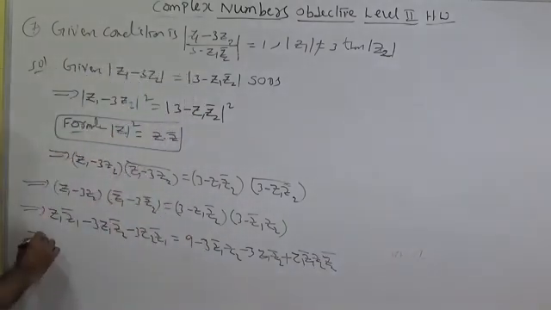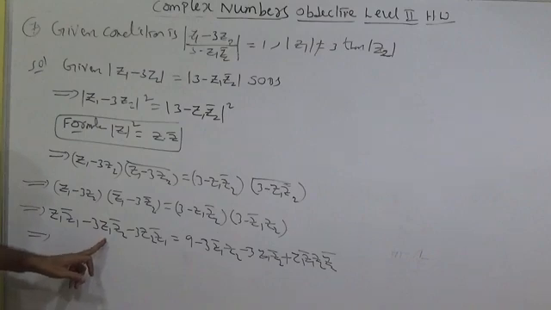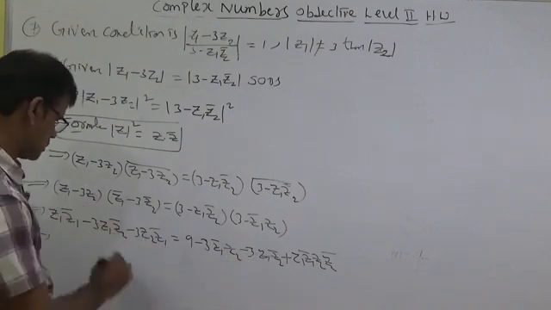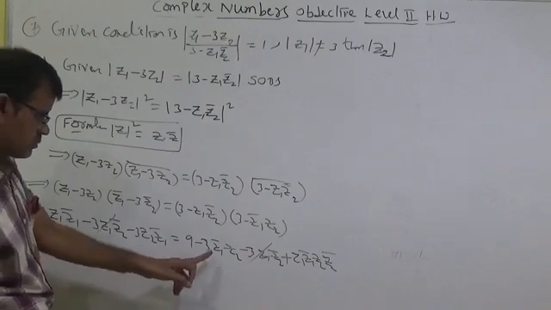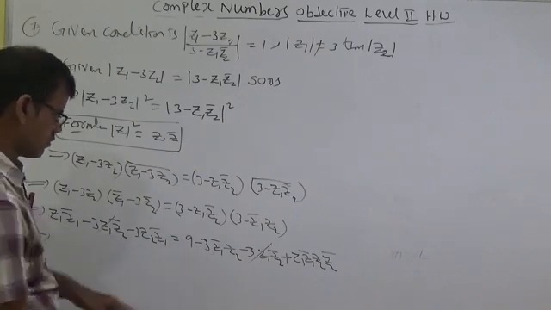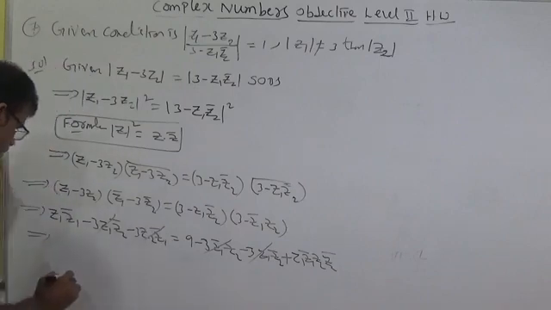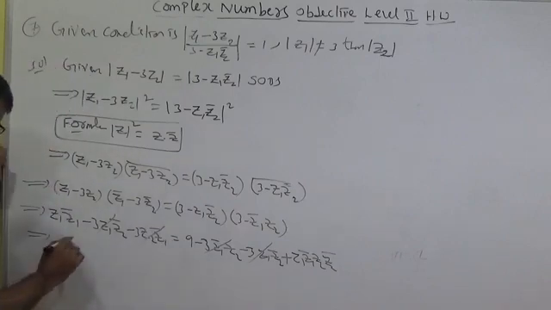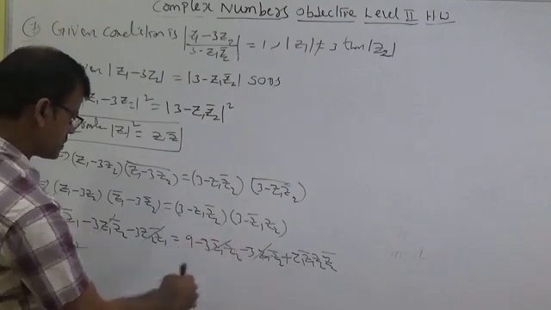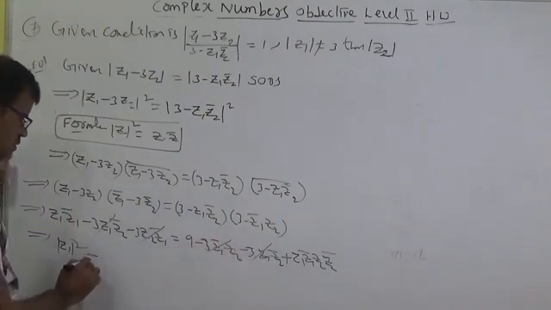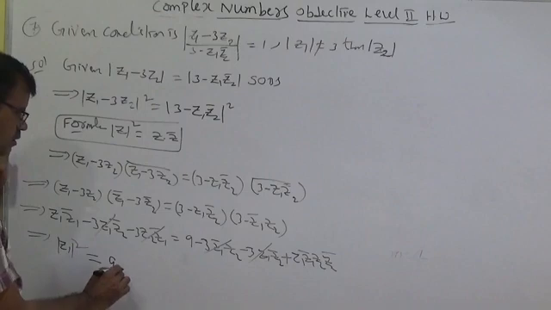Now you can understand here 3 Z1 Z2 bar gets cancelled, and 3 Z2 Z1 bar is also cancelled. Z1 Z1 bar can be understood as modulus of Z1 square.